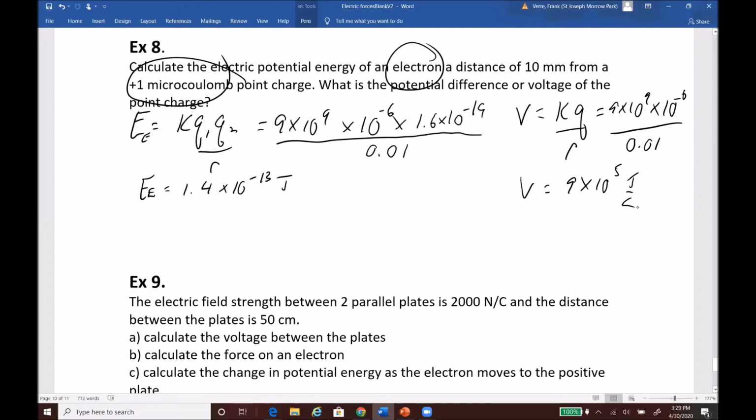So the joule per coulomb is a volt. Okay, any questions about number 8? Nothing?